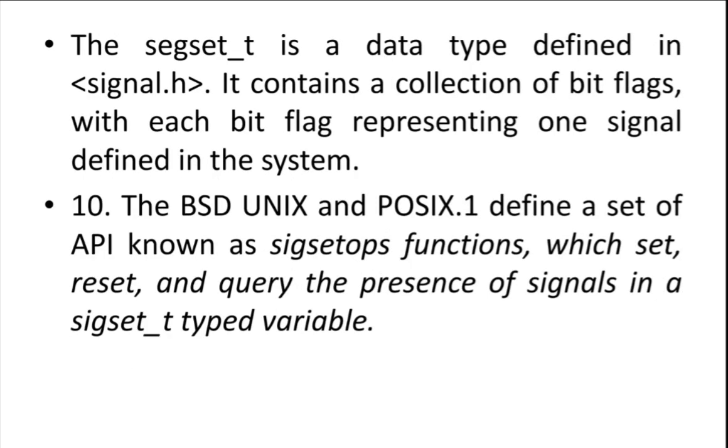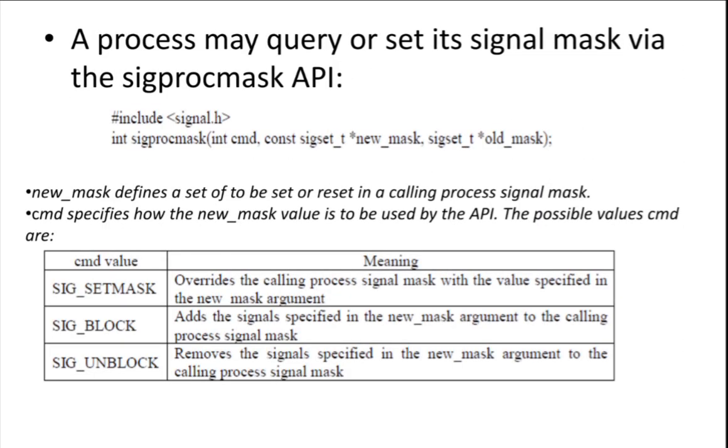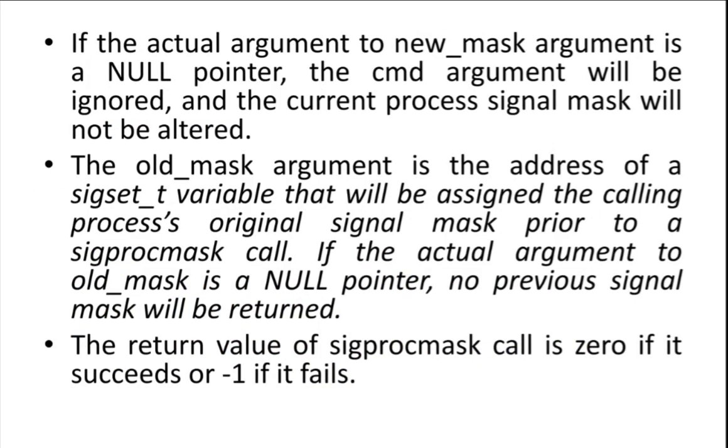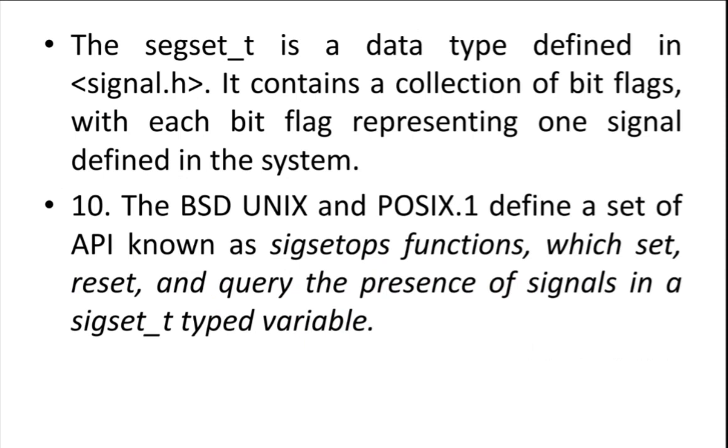Next, the sigset_t, I told you it is a data type, right? You can see here. For the two arguments, old mask and new mask, I used the data type sigset_t. The sigset_t is a derived data type, right? It's a data type defined in the signal.h header.